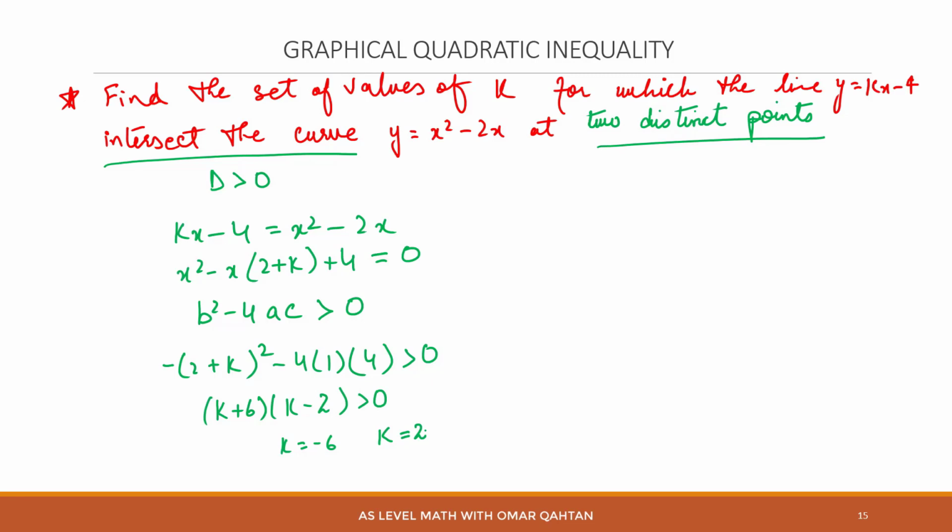But the thing is that we are given an inequality. So how are we going to solve it? This is the case of greater than 0. So for example, if we start drawing it, it would be somewhat like minus 6 till 2, something like that. So minus 6 and over here we have 2.